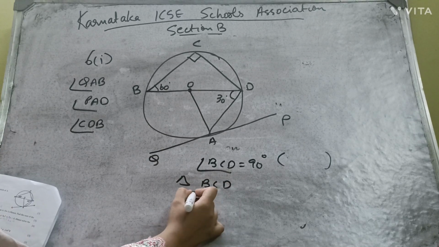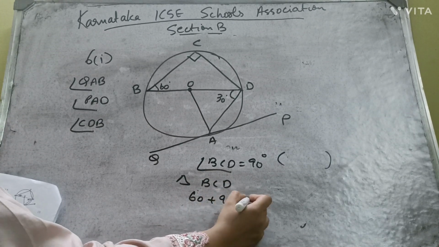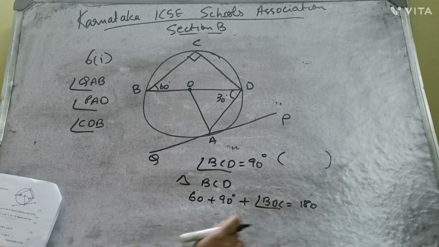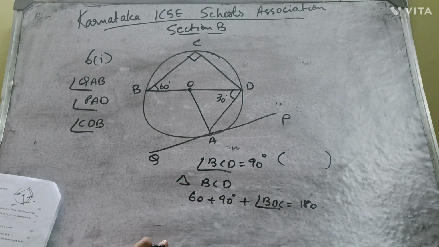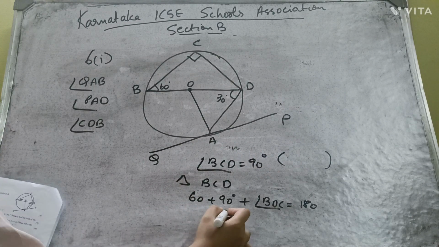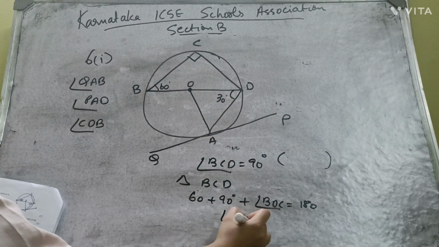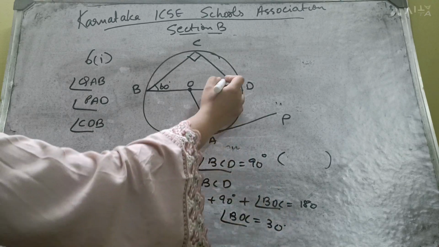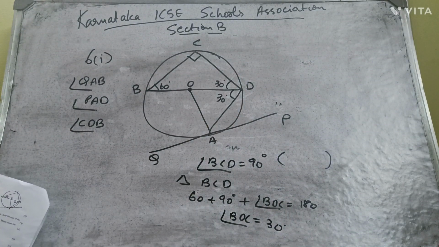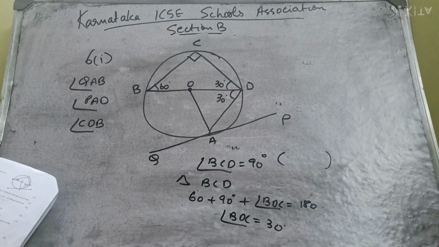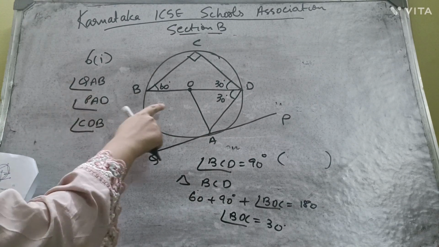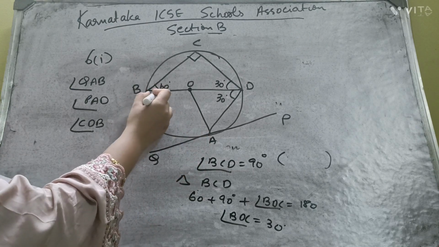Next we can consider the triangle BCD. So 60 plus 90 plus angle BDC equal to 180. 60 plus 90 is going to be 150, and 180 minus 150 will be 30 degrees. Alright, so we got this also as 30 degrees. Let us come to the questions and see what all they are asking.